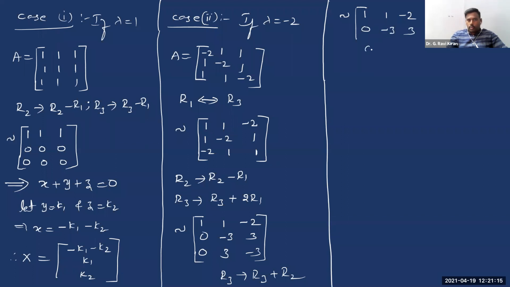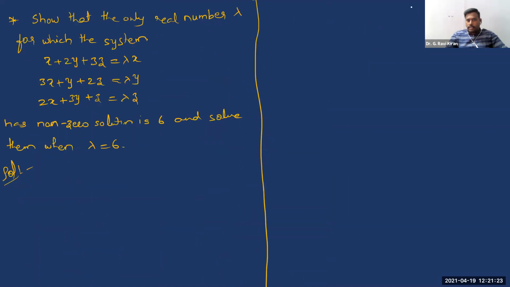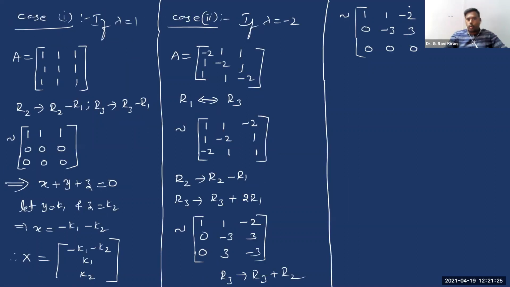And when we add R3 and R2, we'll get the third row as completely 0. Right? Again, as I told you, if by chance you didn't get this third row as a 0 row, you should understand you did something wrong. Because for this value of lambda, we have already verified we must get non-zero solutions. But if this is a non-zero row, we'll get only a unique solution. Right? So keep that in view.